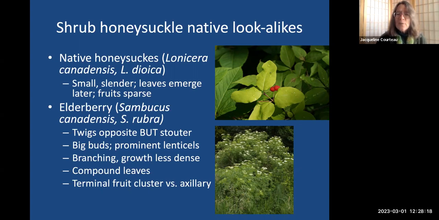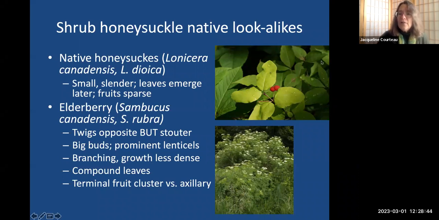But the key difference for both of those is that they're just smaller plants overall with much more sparse growth. They're low growing. They don't get to be these big sprawling shrubs with their branches arcing everywhere. And the fruits are in general much more sparse. Same pattern of paired fruits, and look at the length of that peduncle.